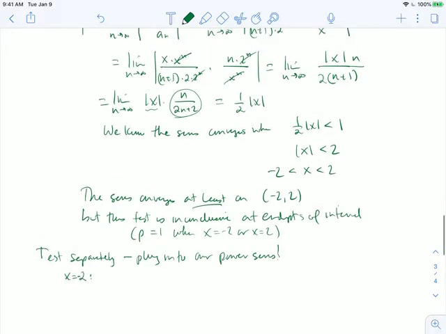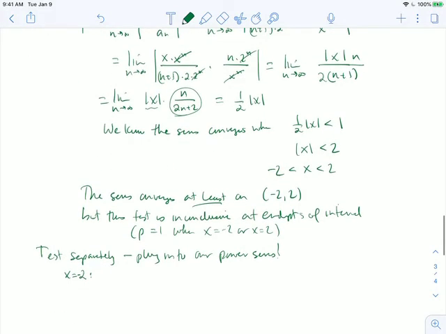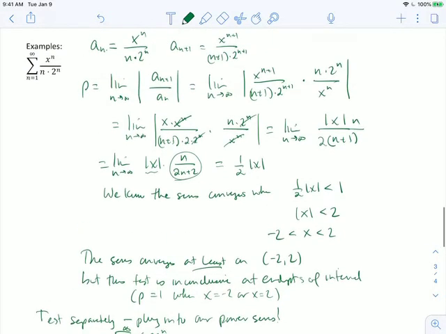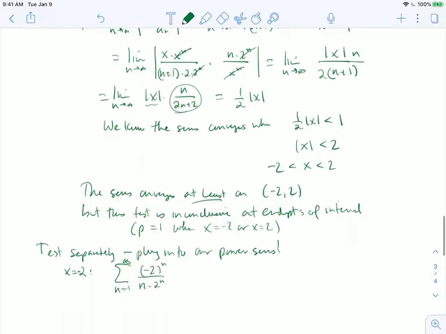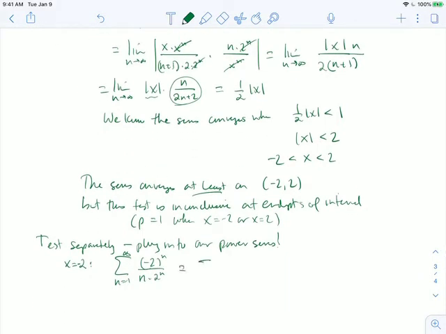When x is -2, I get the summation n equals 1 to infinity of -2 to the n over n times 2 to the n. So I'm just plugging in -2 right up here. And I want to simplify this. So -2 to the n can be thought of as -1 to the n times 2 to the n. And now my 2 to the n's cancel.